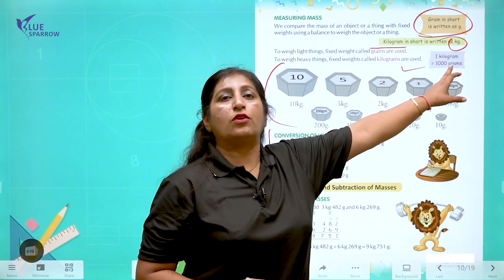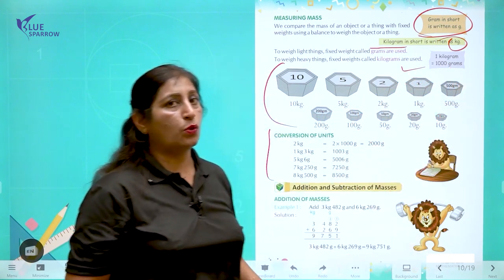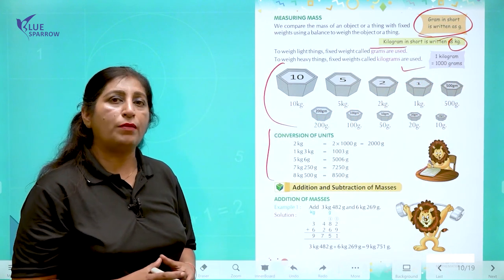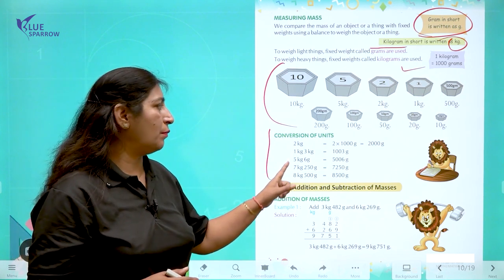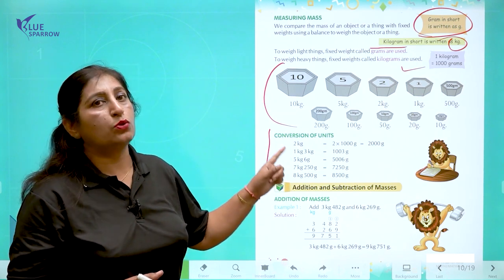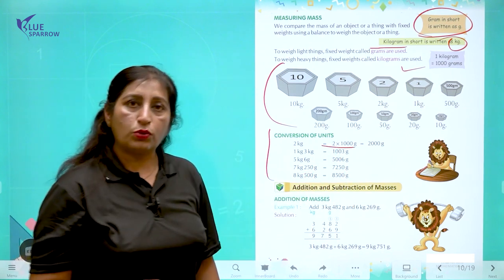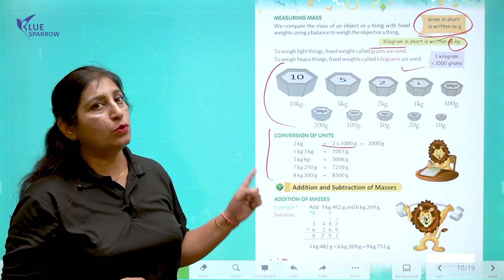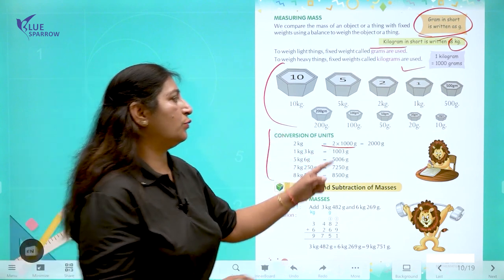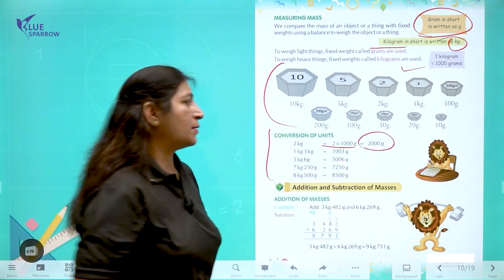You know that 1 kilogram is equal to 1000 grams. So to find out how many grams are in 2 kilograms, we would just multiply 2 with 1000. 2 multiplied by 1000 gives 2000. It means 2 kilograms is equal to 2000 grams.